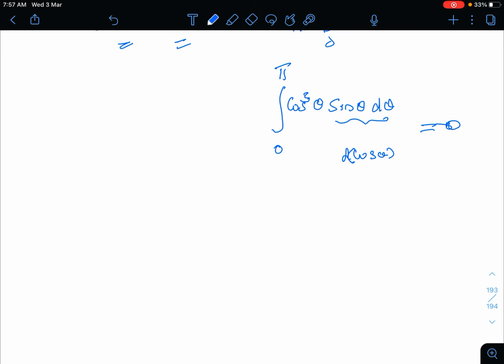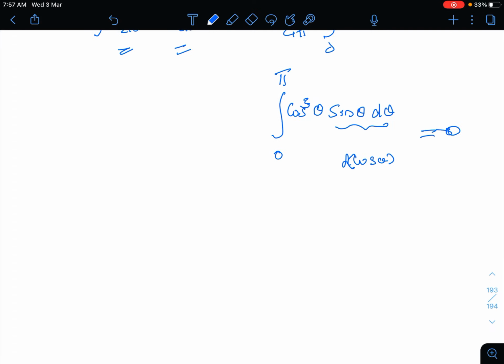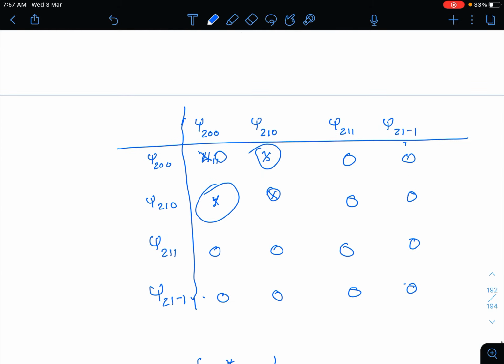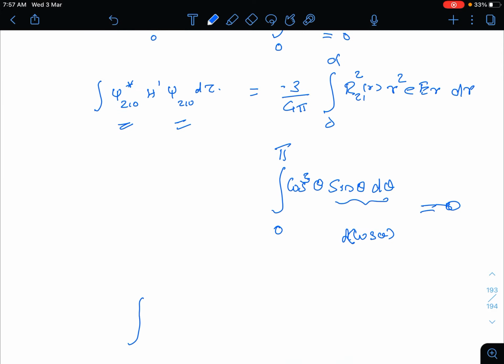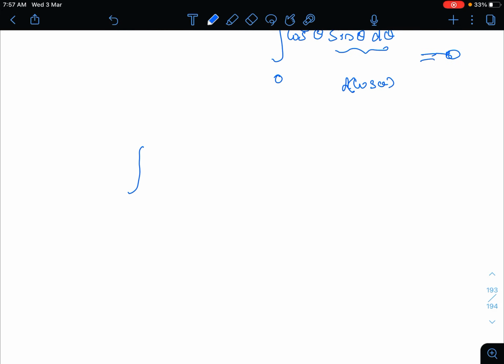So that it becomes integral psi 210 and 200, correct, 210 and 200. So psi 200 star h dash psi 210 d tau. Good.